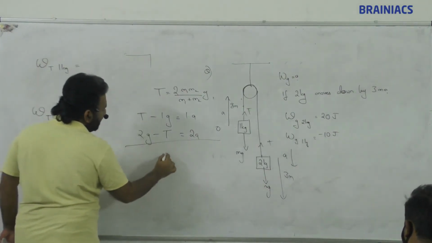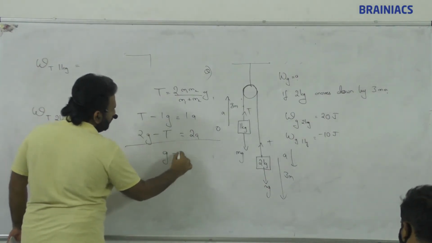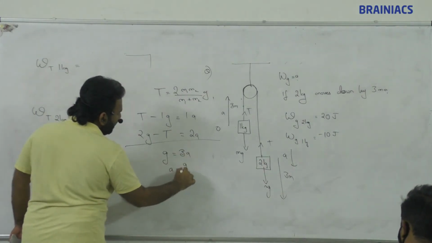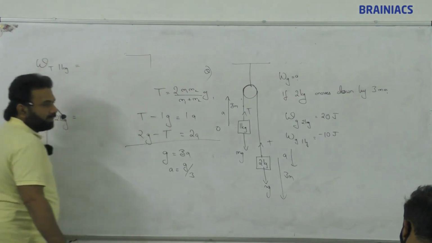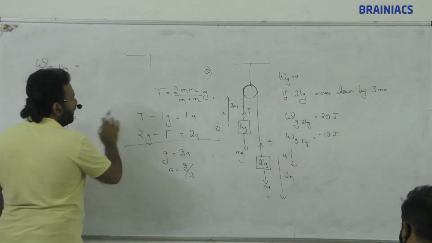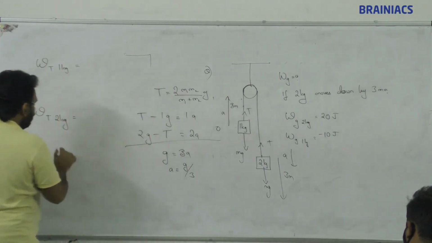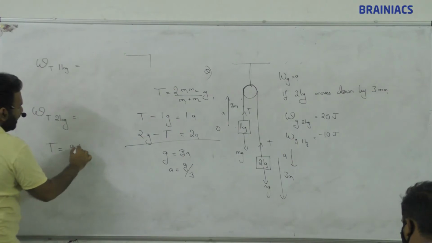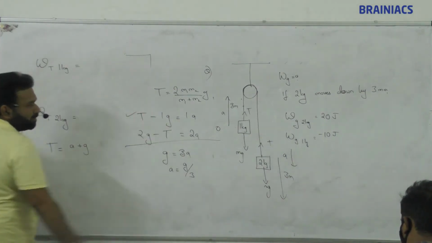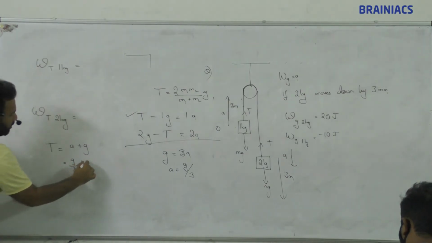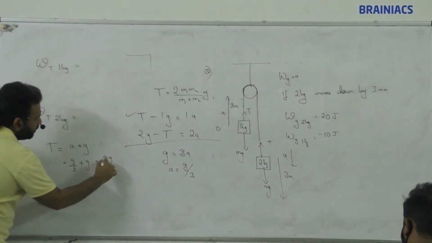This is going to be g is equal to 3a. So acceleration is going to be g by 3. If we put it here, we will be able to find tension. T is equal to a plus g from this equation, so g by 3 plus g.